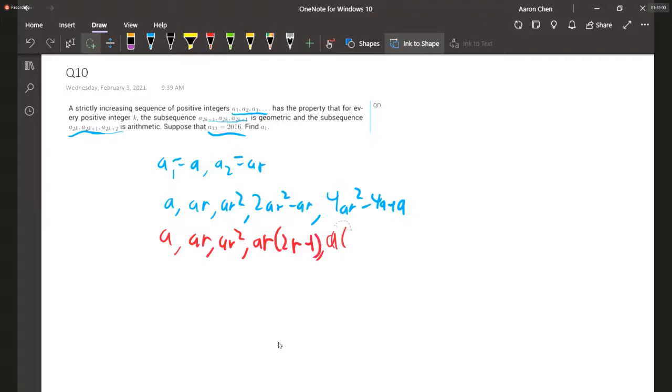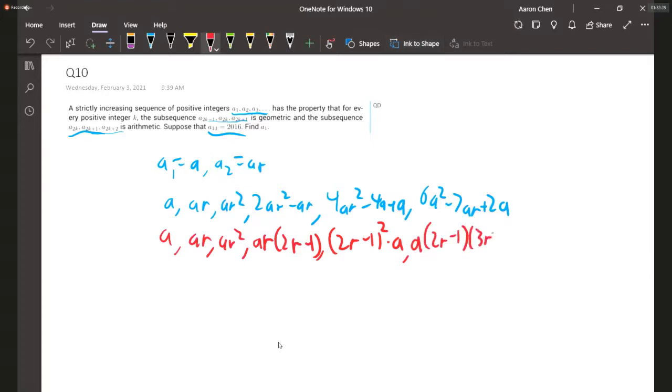And this is (2R minus 1) squared times A. And then this term is 6AR squared minus 7AR plus 2A. And this factors as A times (2R minus 1) times (3R minus 2).